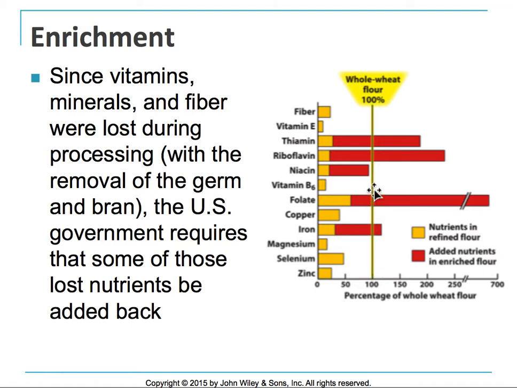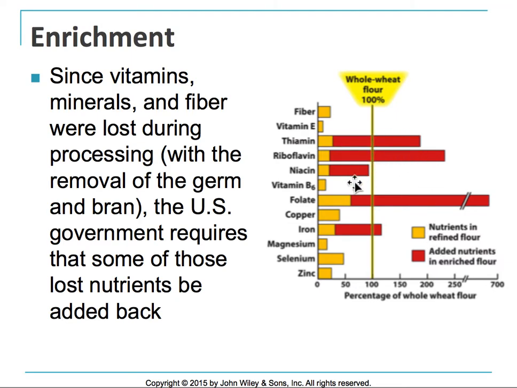And once the flour has been refined, you're left with this yellow amount of all these vitamins. So you can see how much less it is. And then during the enrichment process, the vitamins that are added are going to be indicated in red.